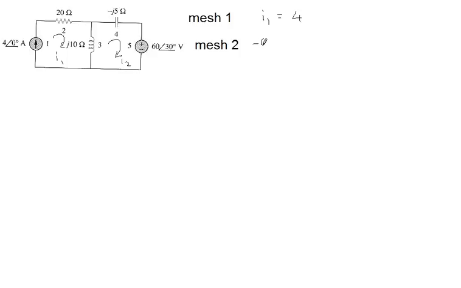Hence, minus 60, phase angle of 30 degrees, is equal to I2 minus I1 times the impedance of the inductor, which is J10, plus I2 times the impedance of the capacitor, minus 5J.